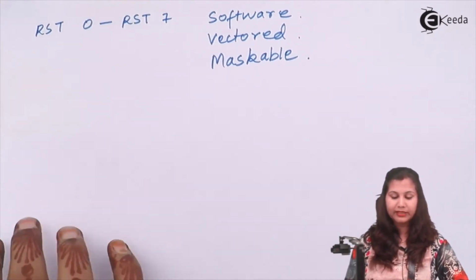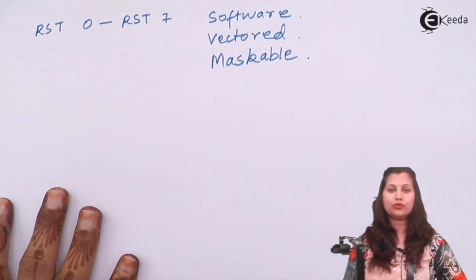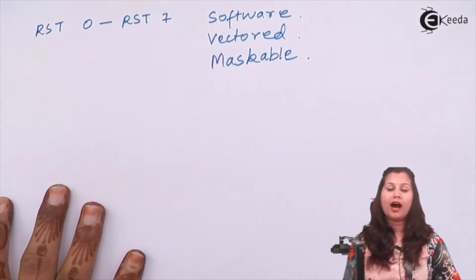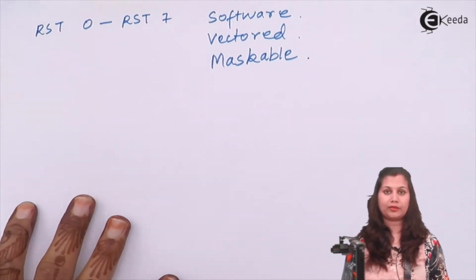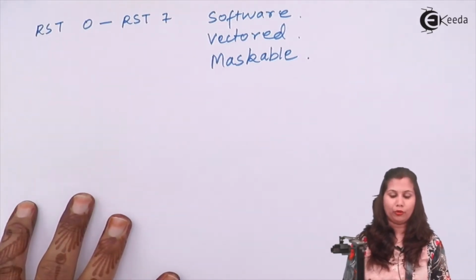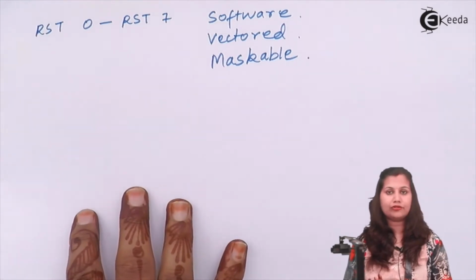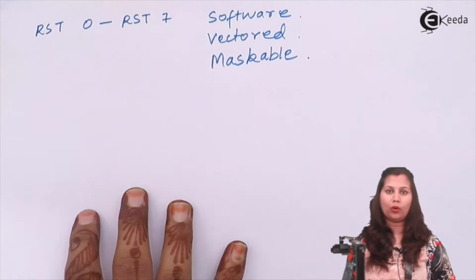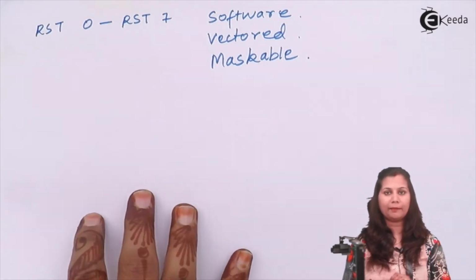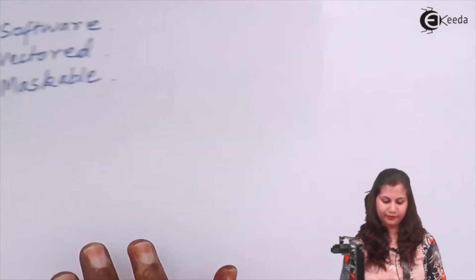Now whenever these interrupts are given to the 8085, how is the microprocessor going to handle them, what procedure will it follow? So let's study the interrupt handling procedure, how the 8085 handles all the interrupts when an interrupt signal is given to it.